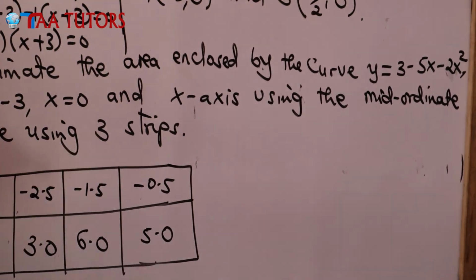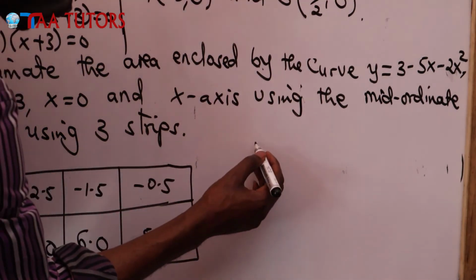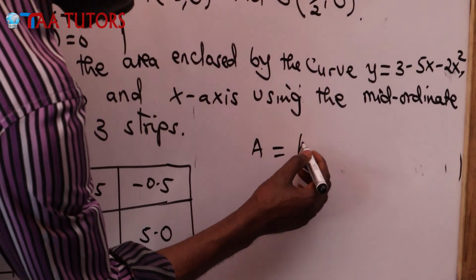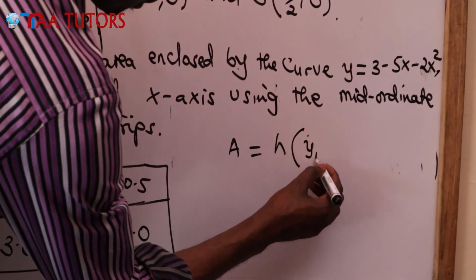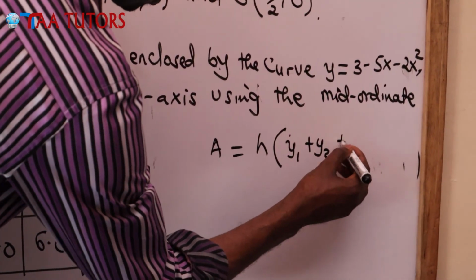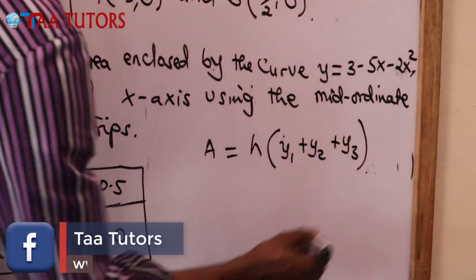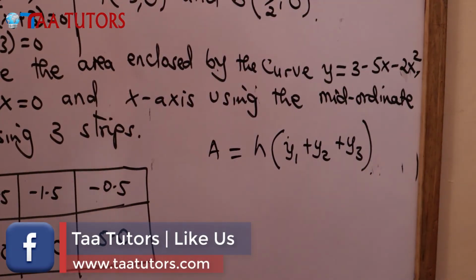Once we have those particular values, we can use our formula, which we said area, according to the mid-ordinate rule, is h into y1 plus y2 plus y3 in our case here. How do we get h?